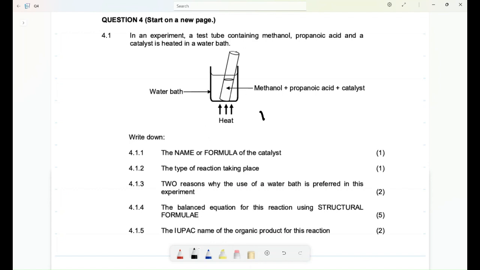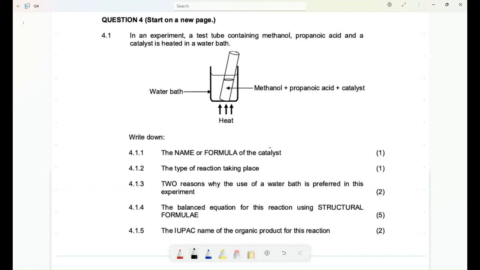What do we mean when we say something is volatile? It means it will evaporate faster. Another thing is to make sure the temperature is evenly distributed, so that each and every part of the methanol has the same temperature.